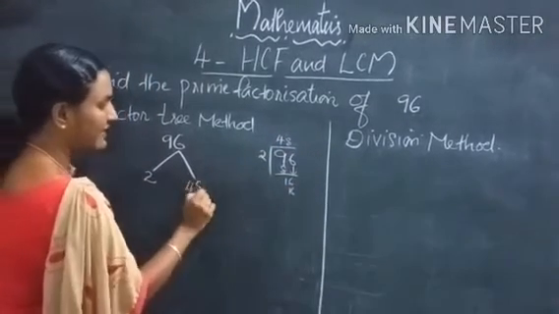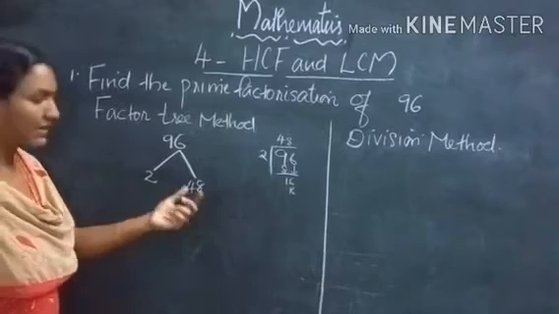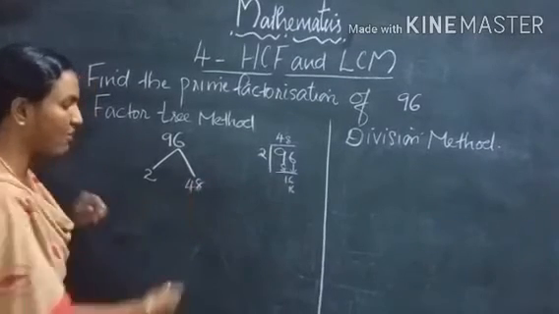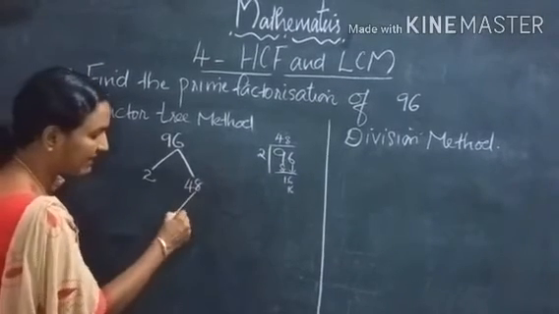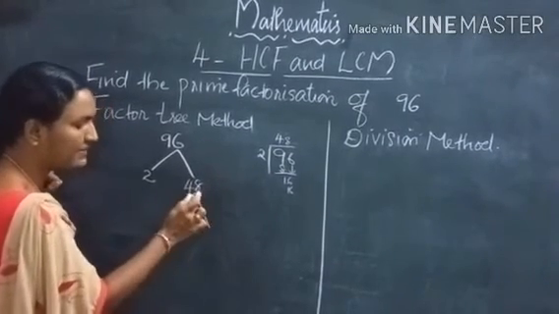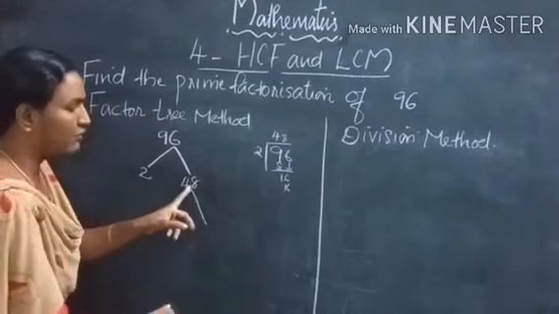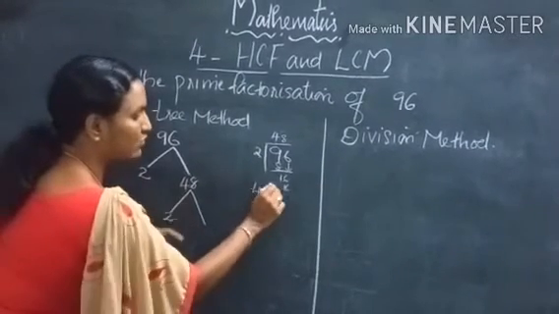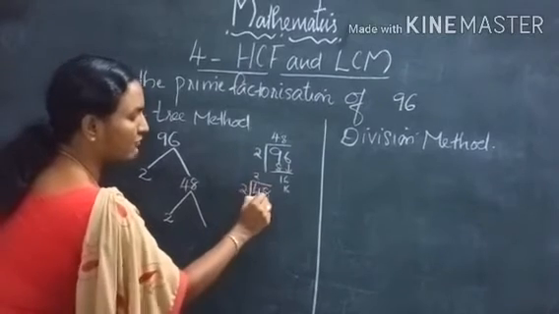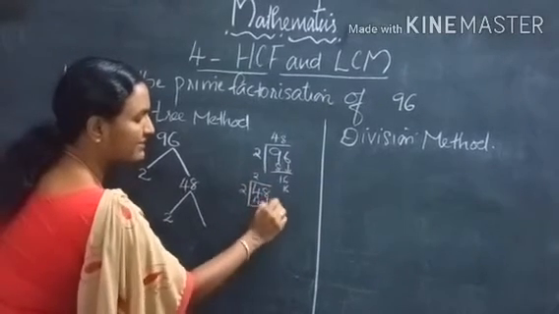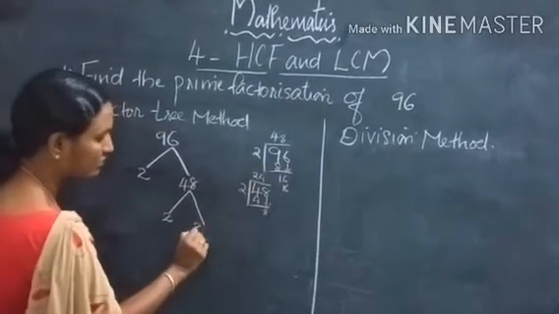So 48 is the second number. Again 48 is a composite number, so again divide. Unit place is 8, so we start with 2. 48 divided by 2 is 24.